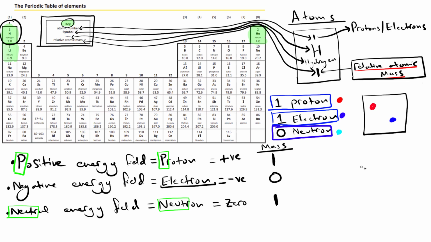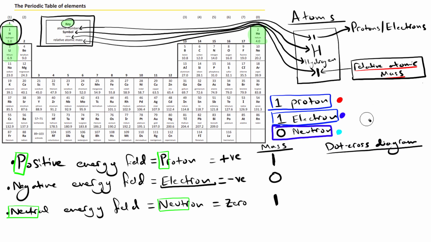There's a specific way you have to draw the hydrogen model for exams, and you may know that as the dot cross diagram. So just like in biology, you have in the center of the cell the nucleus. In the dot cross diagram, the atomic model, and in this example we're looking at hydrogen, we have a nucleus in the center.